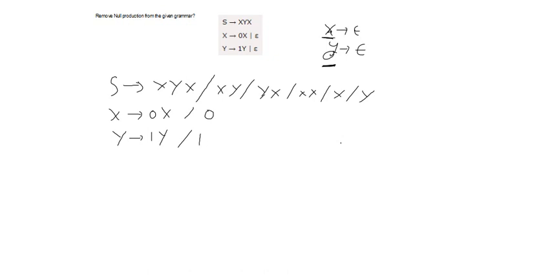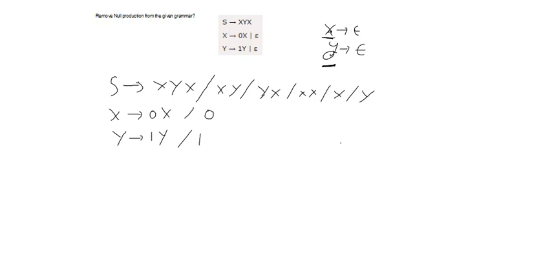Okay, so the resultant grammar after removing null production will be: S implies XYX slash XY slash YX slash XX slash X slash Y. Then X implies 0X slash 0, Y implies 1Y slash 1.